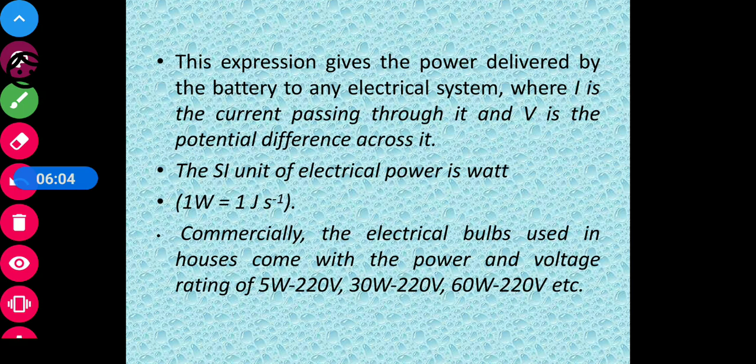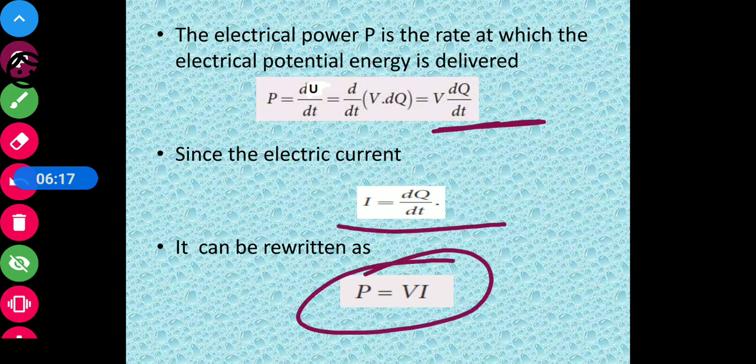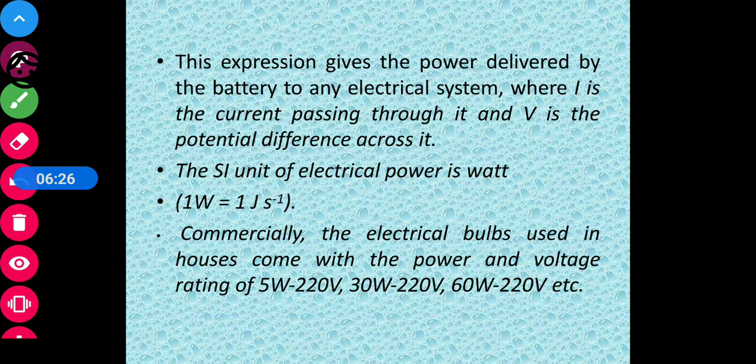By putting these values, we find P is equal to V dq by dt, and since dq by dt is the current I, we get P is equal to V into I. So electrical power is equal to V into I. This expression gives the power delivered by the battery to any electrical system, where I is the current and V is the potential difference across it.